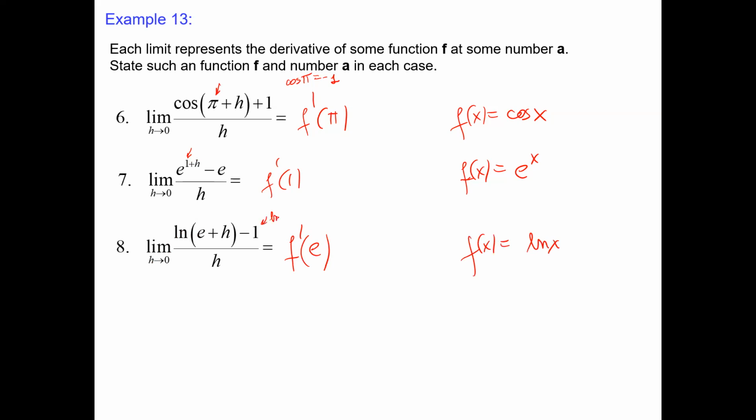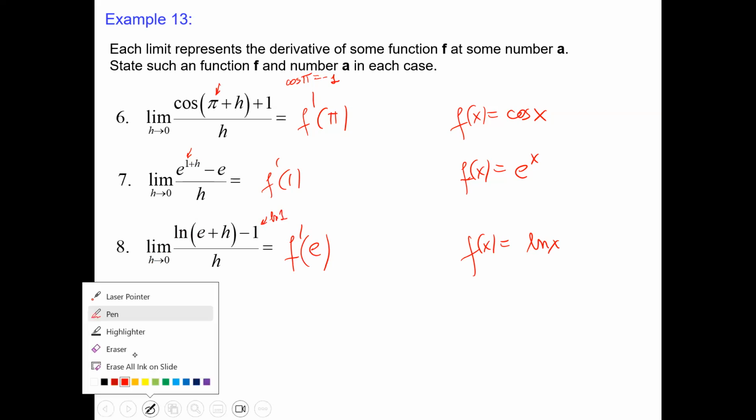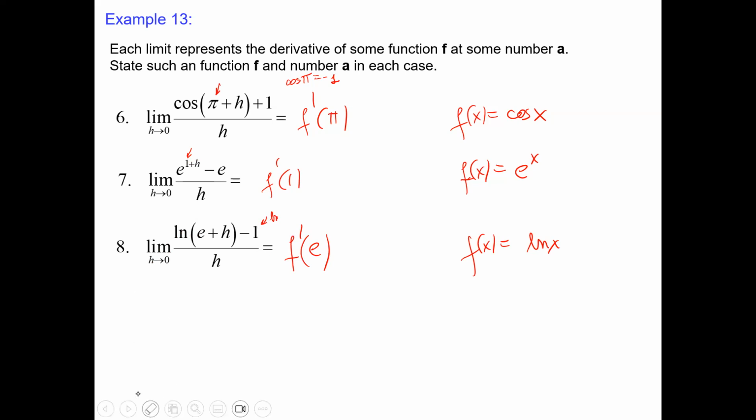Natural log at 1 I believe is, oh, no. 1 is the answer, natural log of e, because natural log at 1 is 0. E is the a value. Natural log at e is 1. And this one is e to the x, e to the power of 1, e to the power of a. It is e. Okay. And that means also we have to be able to recognize the definition of the derivative and identify what function and what a value.